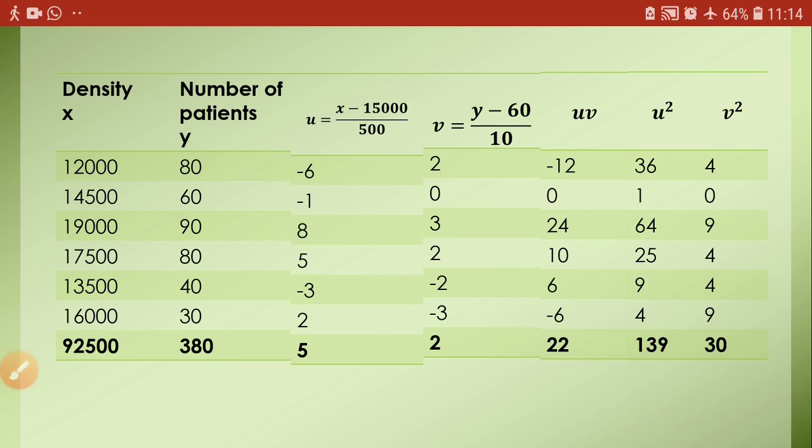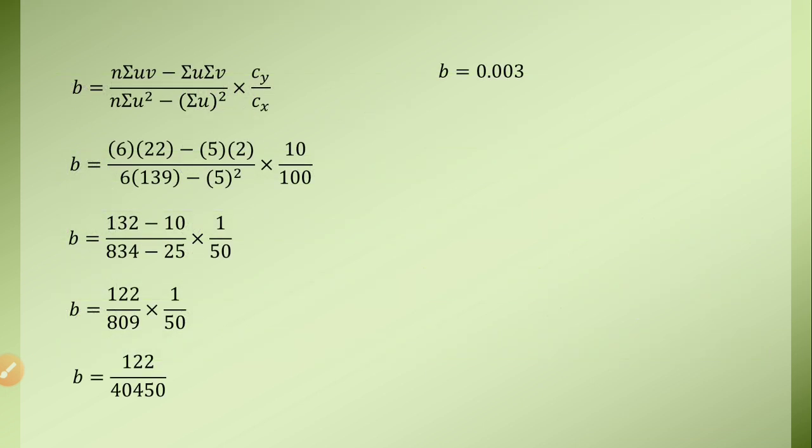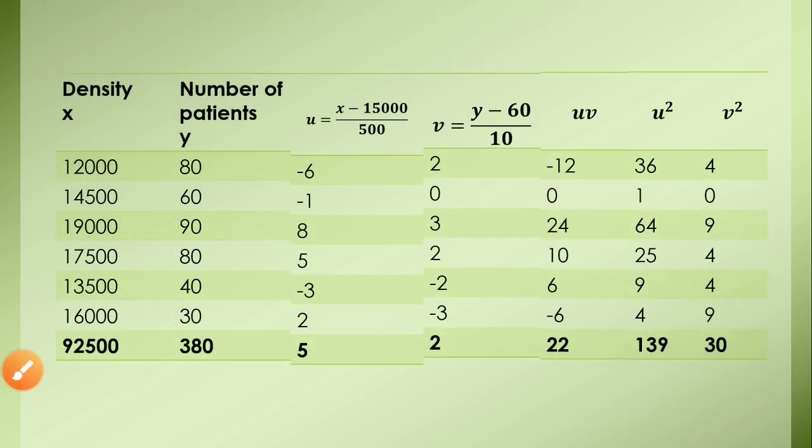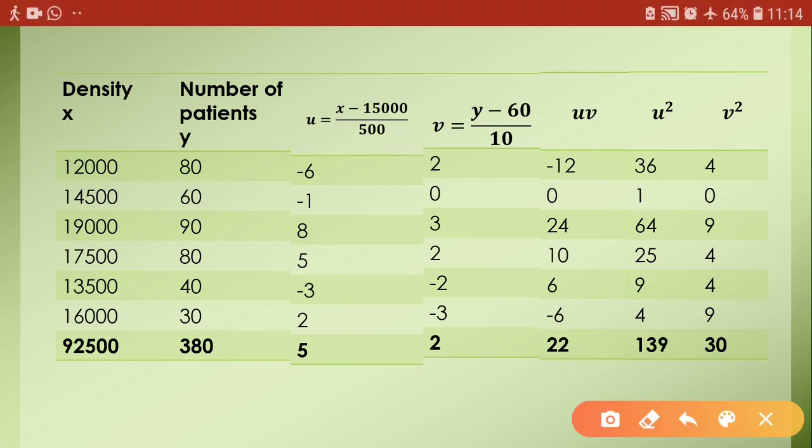We will find V square also. V square is actually not needed in a regression line, but there is another question with this, so we have found V square. We can find it later also. So now you can see the formula, it's Cy upon Cx. Why, sir, is this Cy upon Cx formula added? I told you that if you divide any digit while forming U and V, then you should consider the formula. I have divided by 500 while forming U, so this 500 should be called Cx.